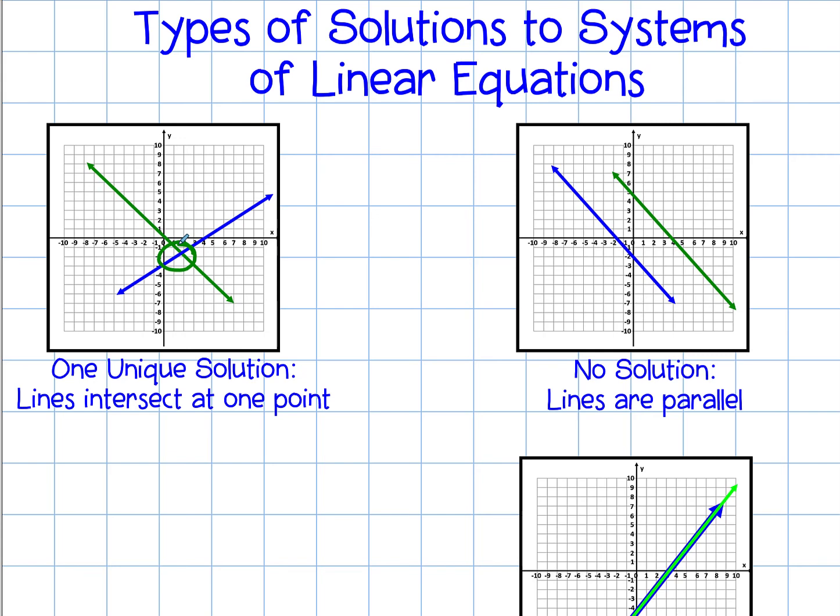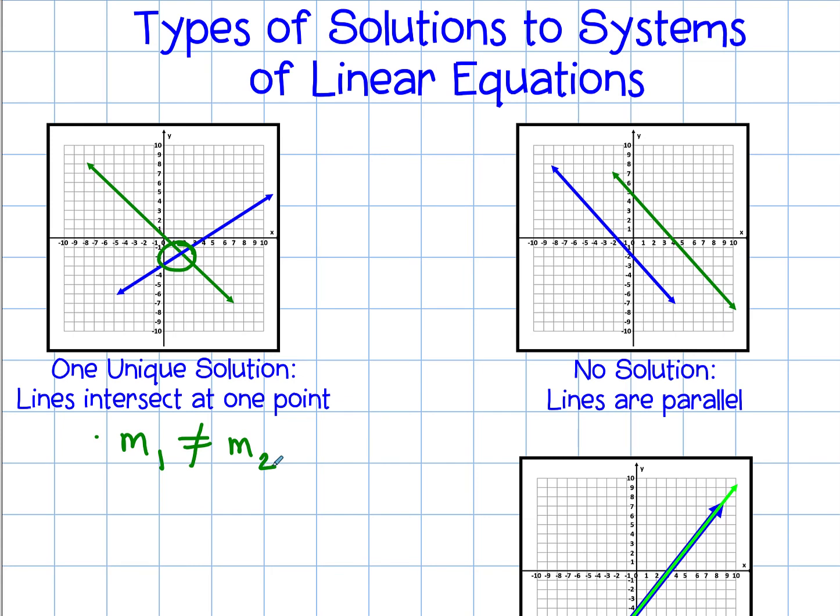What's true about the slopes is the slopes are always going to be different. They could both be positive, they could both be negative. Like in the system that we did, they were both positive. But the slopes cannot be equal. So the slope of line 1 is not equal to the slope of line 2.